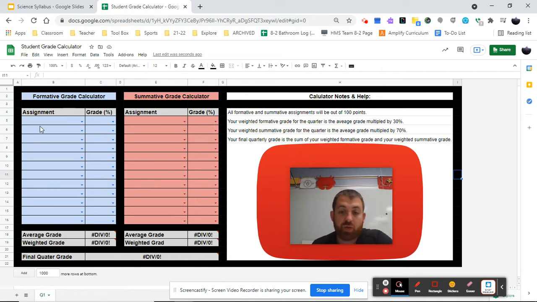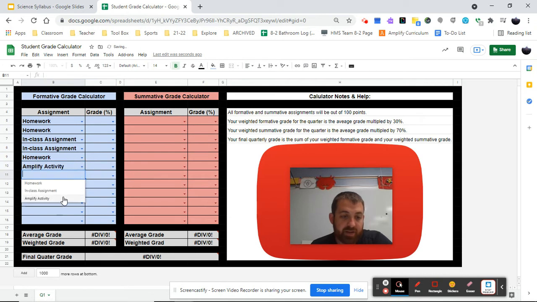And in PowerSchool, you usually, by the end of a quarter, will have a bunch of different formative assignments and summative assignments. So in here, we have our different types of formative assignments. So we have homework, we have in-class work, and we have amplify. So let's say by the end of the quarter, you have a bunch of homework assignments, we have a few in-class assignments, and then we have a bunch of amplify activities that we do.